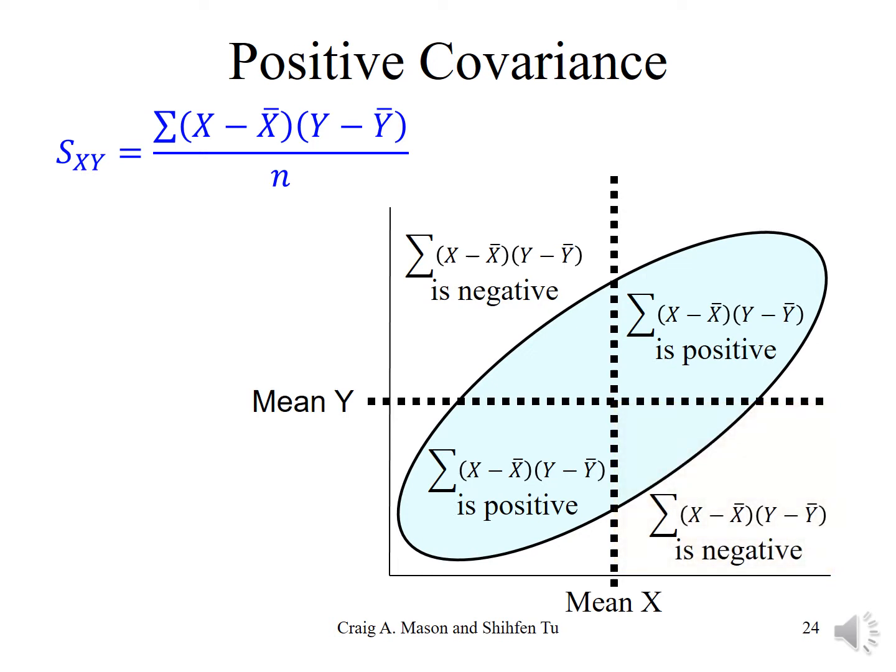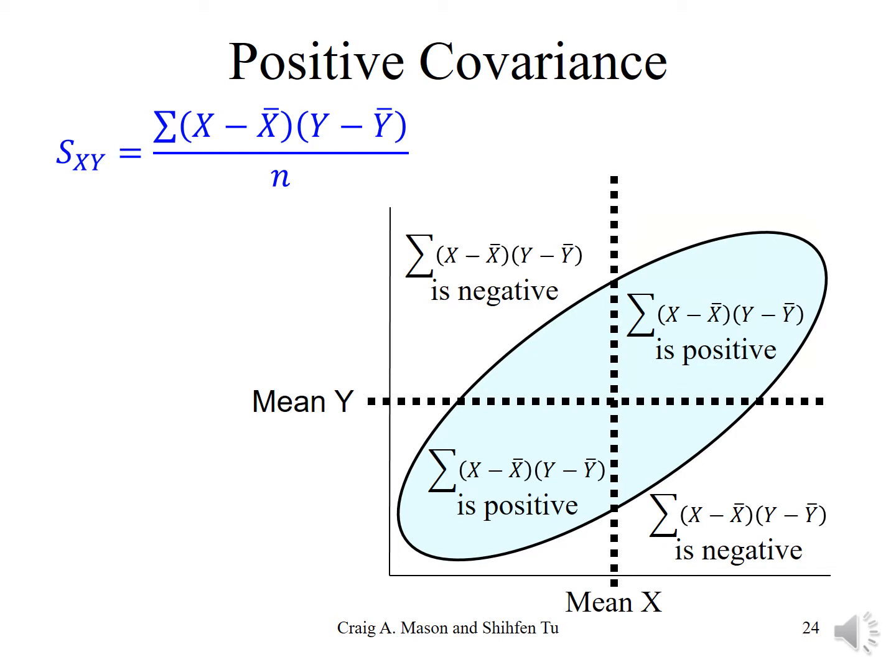Notice that for each of these quadrants, we've indicated whether the corresponding cross product is going to be positive or negative in value.